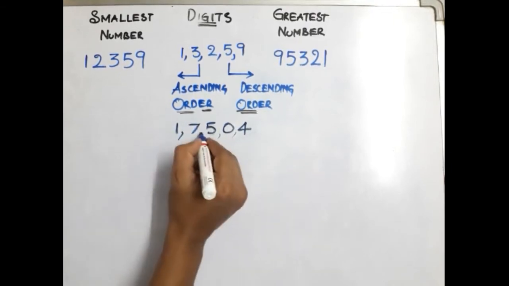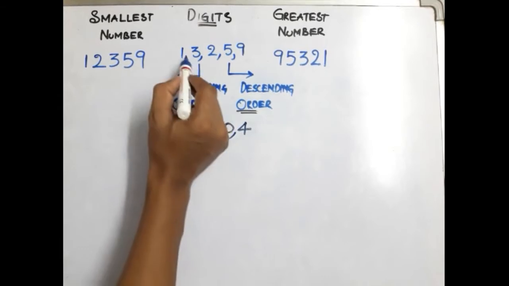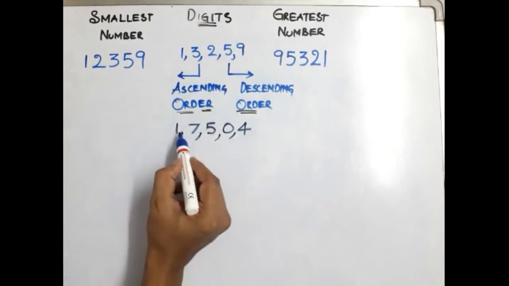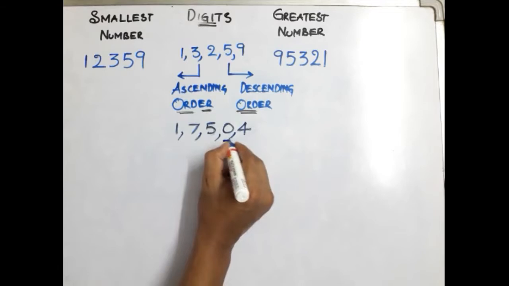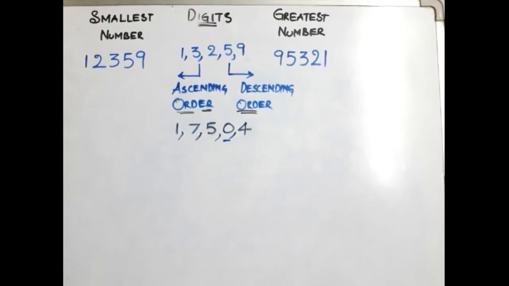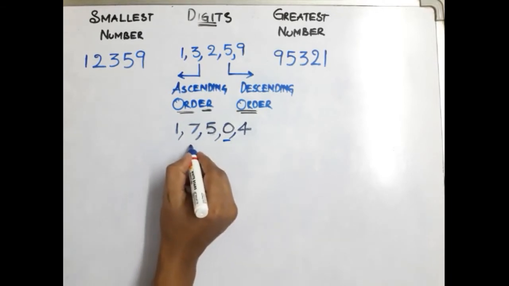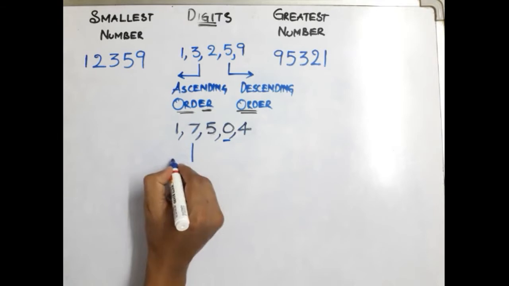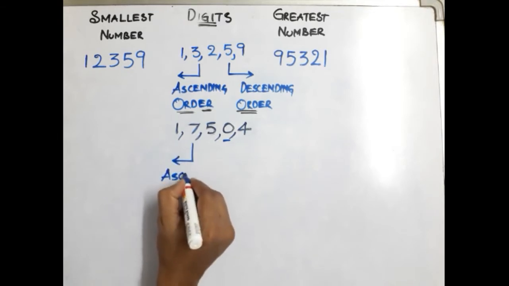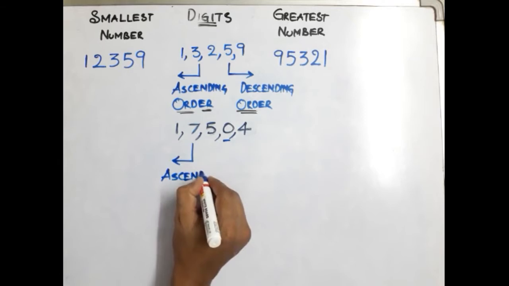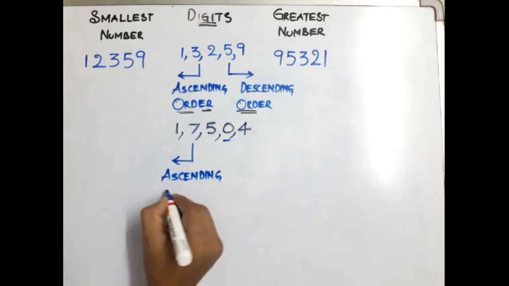Now please observe the given digits. In the earlier digits we didn't have any 0, but in the new digits I gave, you find 0. For this kind of digits, how do we form the smallest and greatest numbers? Please follow me carefully. Whenever you see that kind of situation, first we write the given digits in ascending order only.